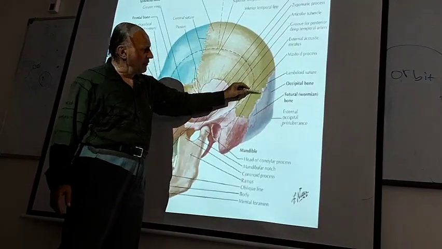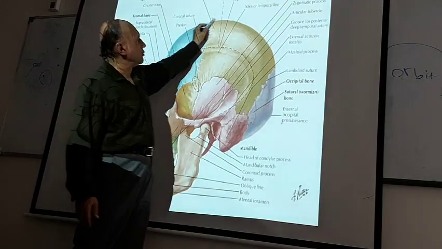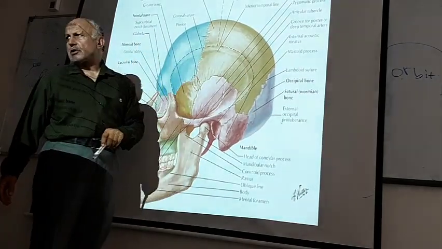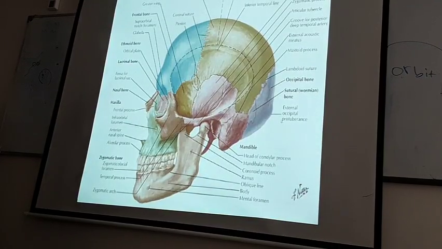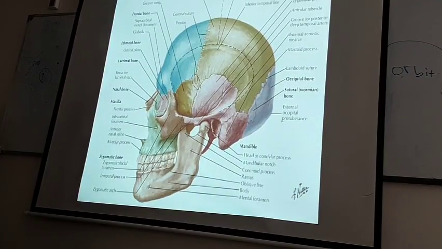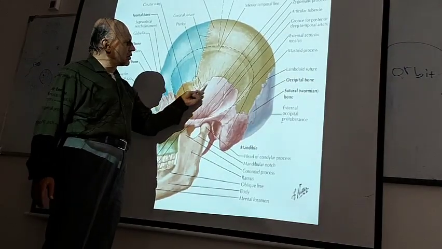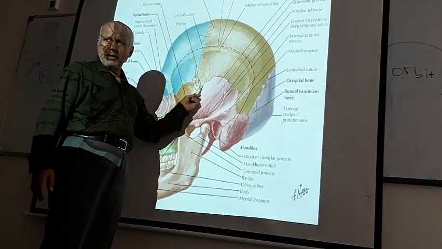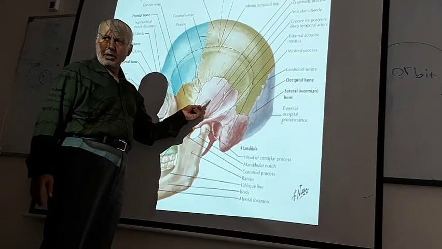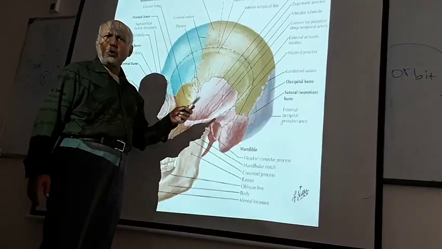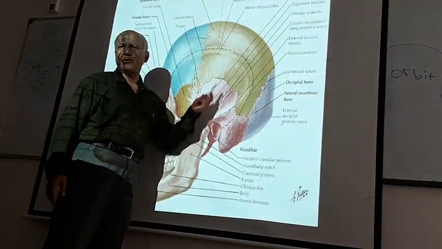Here we have a part of the lambdoid suture. The superior border is here and articulates with the other parietal, and here we have the sagittal suture. It is named the sagittal border. The inferior border articulates with the temporal squama, and we don't have any suture here.